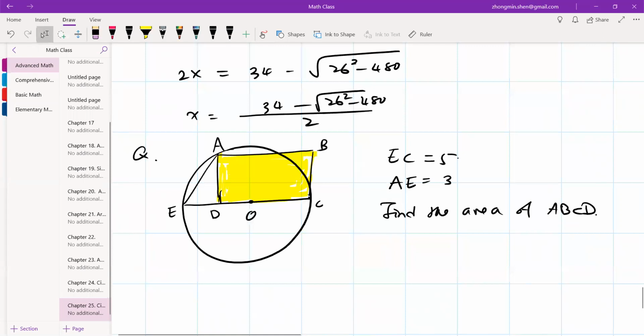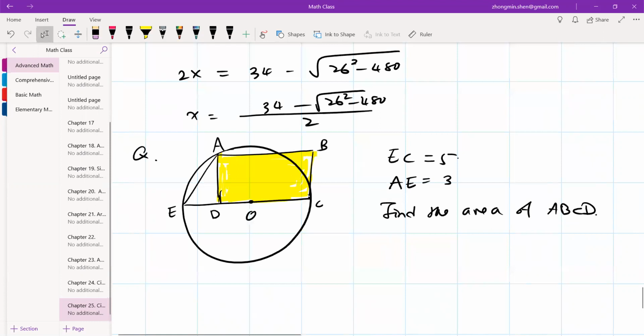To find the area, EC is already known, right? But you still don't know the length of the width. It's not a square, it's a rectangle.